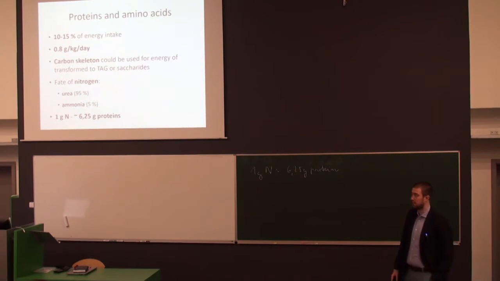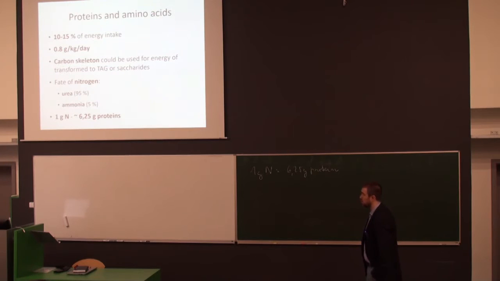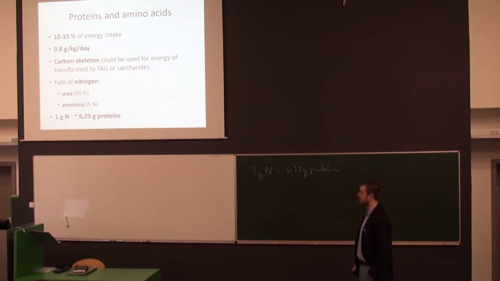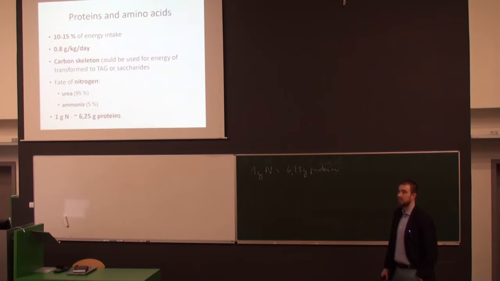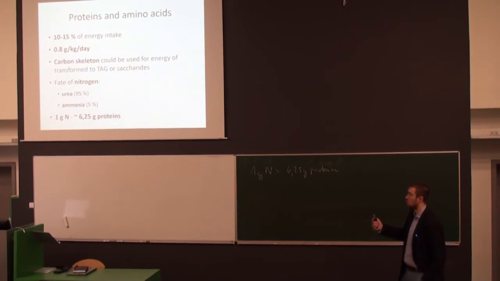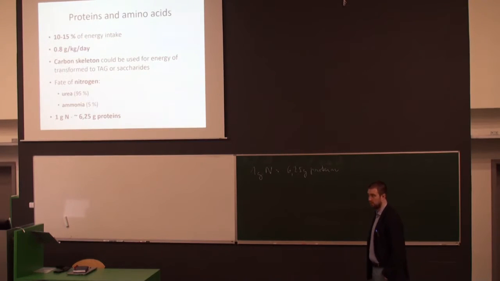As you know, from the perspective of the metabolism, we have the carbon skeleton that can give us the energy, and it can give us also the carbon atoms for synthesis of glucose, that means saccharides, or the synthesis of triacylglycerols.